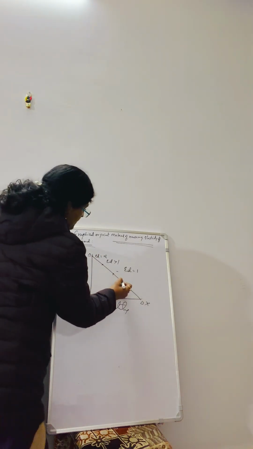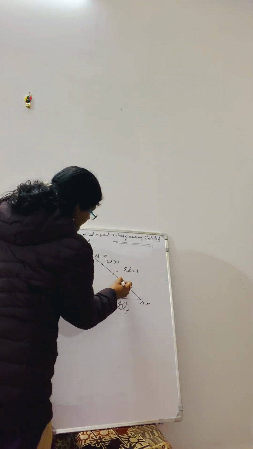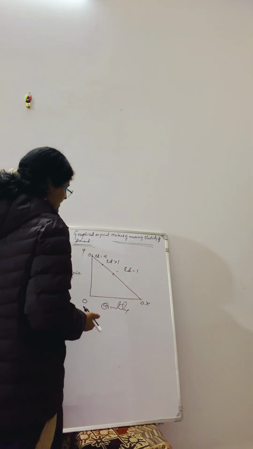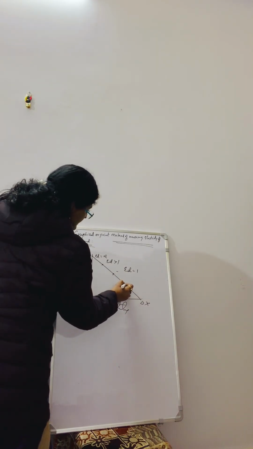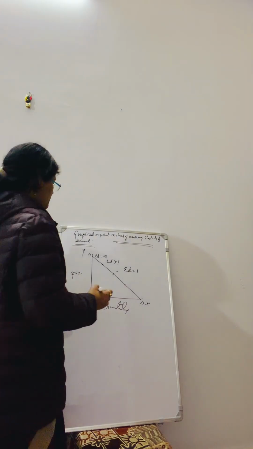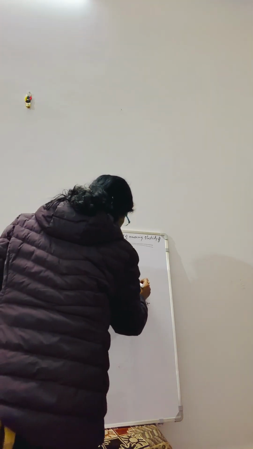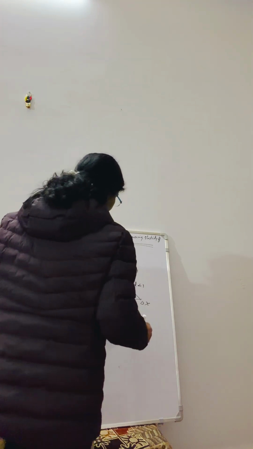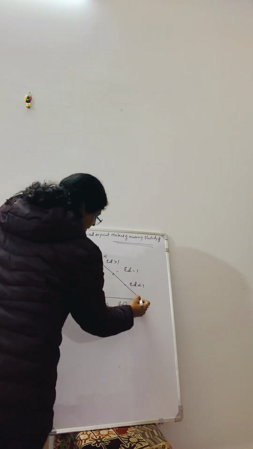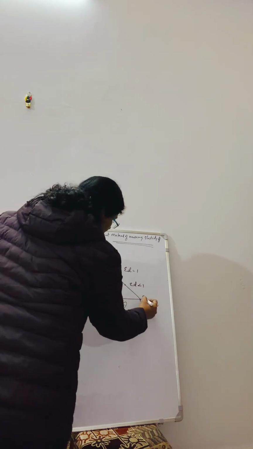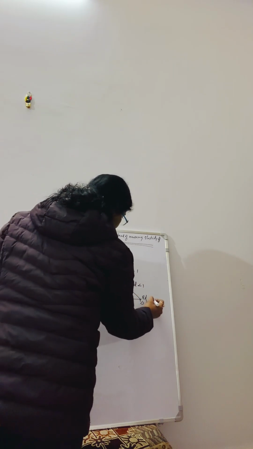And coming to the lower part of the demand curve, this point is considered to be ED is less than 1. And here on the OX axis it is termed to be ED is equal to 0.